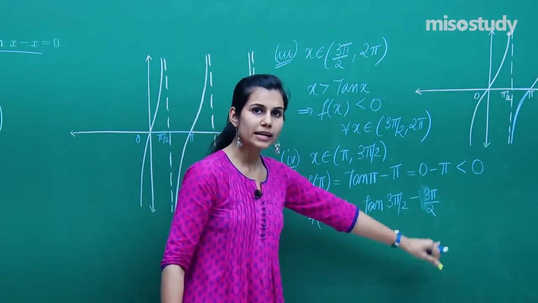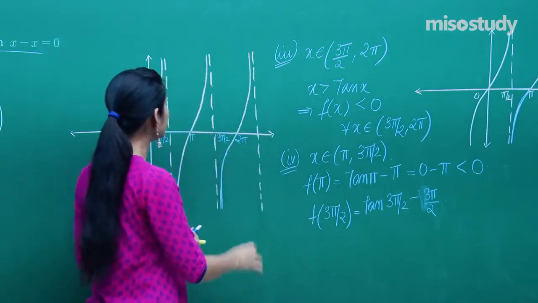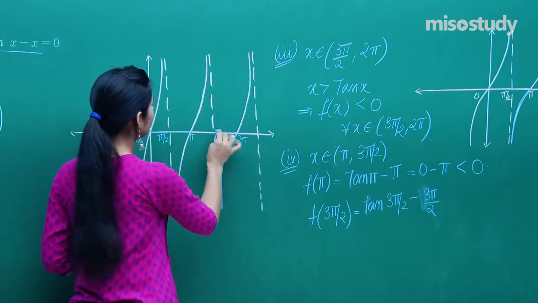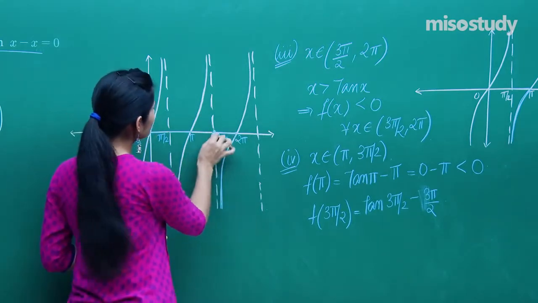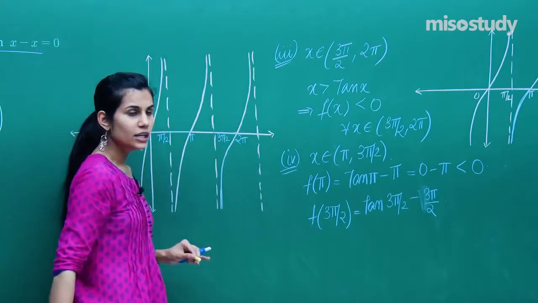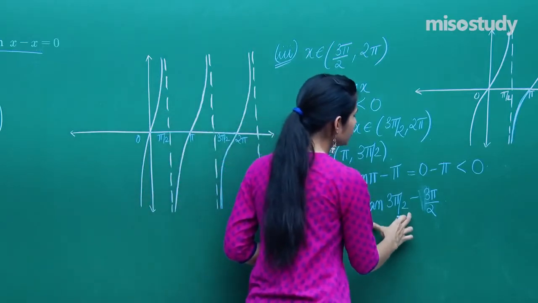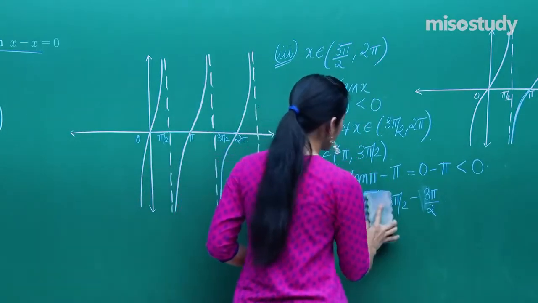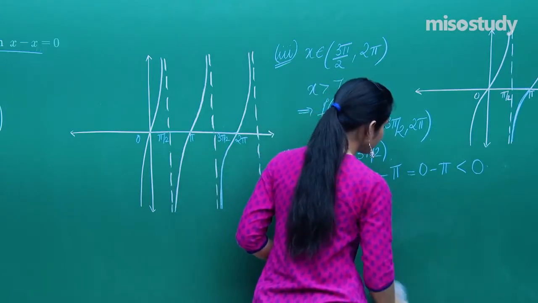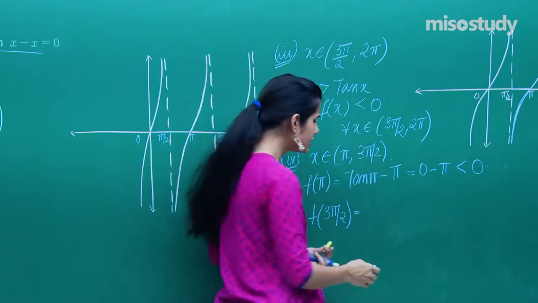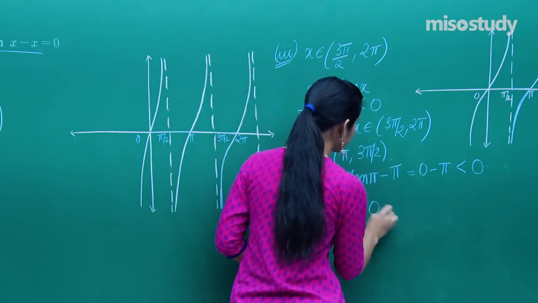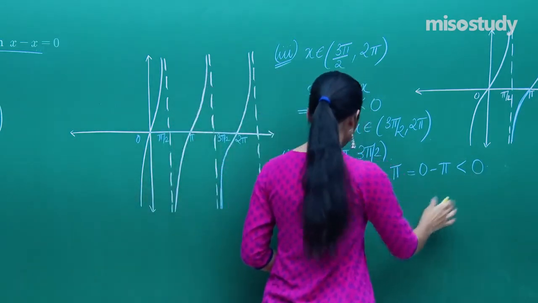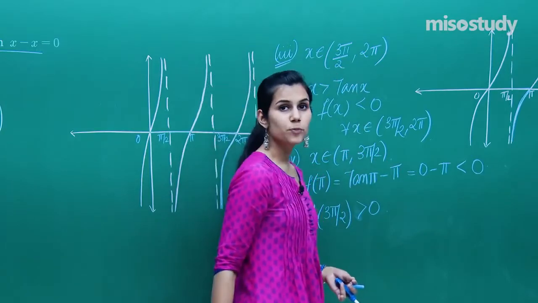At 3 pi by 2, tan is not defined. As x approaches 3 pi by 2, this is going to infinity, a very, very large value. From it, if you are removing 3 pi by 2, that means it is positive. So f of pi is negative, f of 3 pi by 2 is positive.